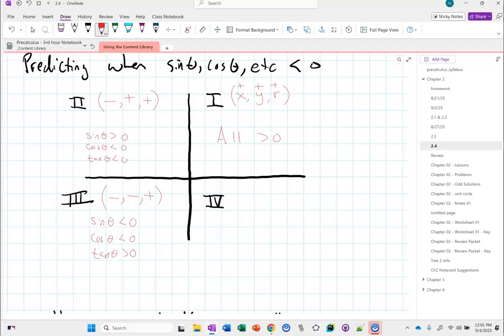And then quadrant 4, my x is positive, my y is negative, the r always positive. So here, anything with a y in it is going to be negative. So that's going to be sine and tangent, but cosine is going to be positive.